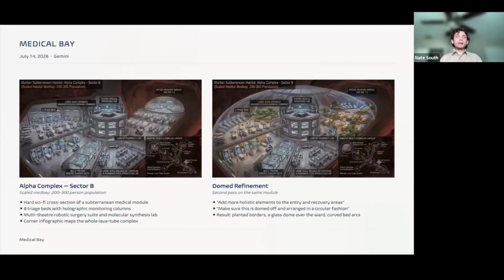Moving forward with that, we wanted to see what a medical bay would look like. How would medical issues be treated in a 100-person colony? And so this one was a little bit scaled up for a larger population, for 200 to 300 people.